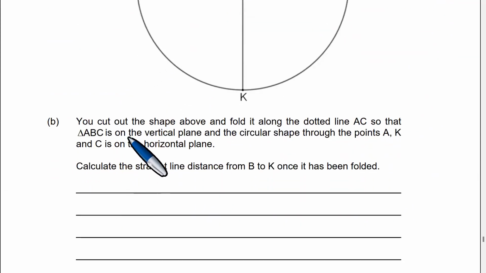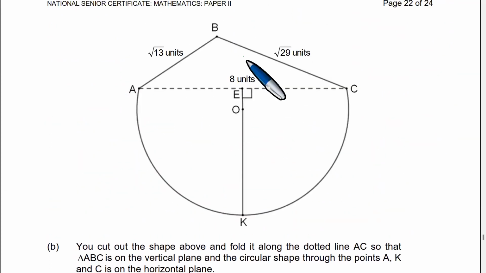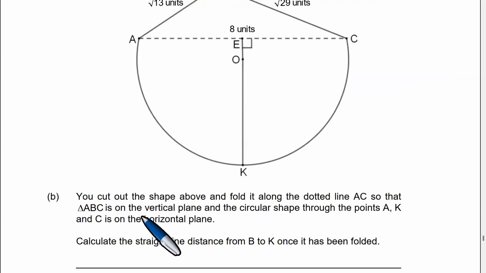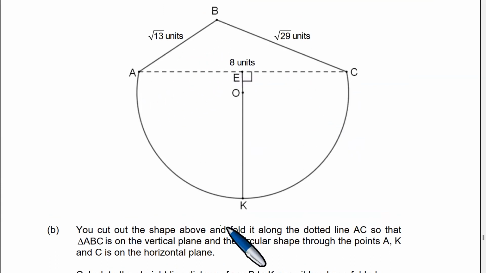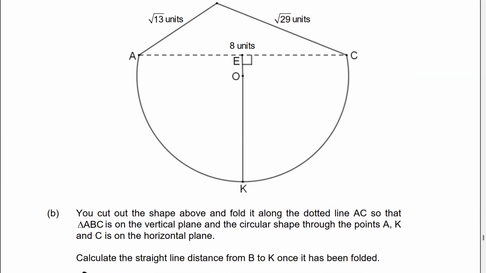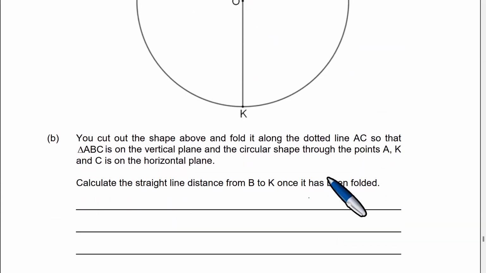Right, you cut out the shape above and fold it along the dotted line AC, so that triangle ABC is on the vertical plane, and the circular shape through points A, K, and C is on the horizontal plane.